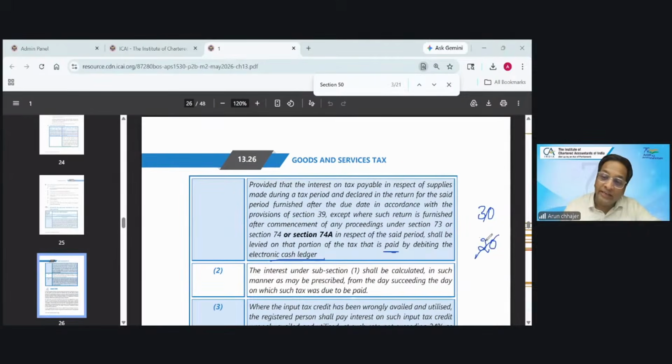So no interest on the 20,000, because you have reported the liability in the same return period, though that return is being filed after the due date. Is it clear till now? In this case, I can say the interest would be applicable on the cash portion.